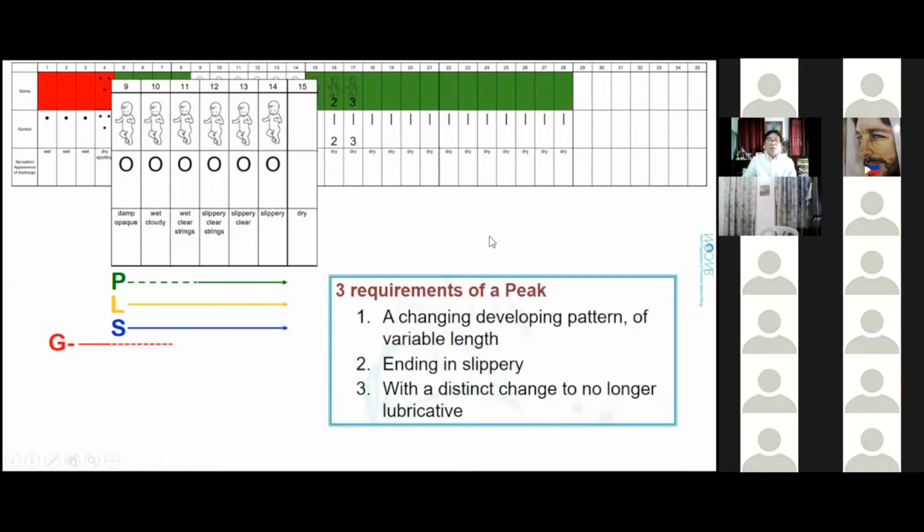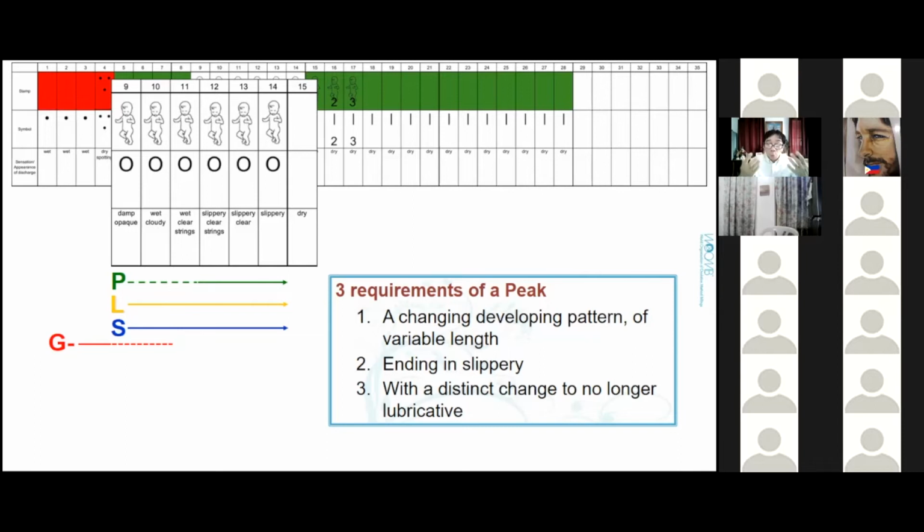3 requirements of a peak day. Okay, look at this, huh? Number 1, changing developing pattern. In order for you to reach the peak day, there should be a changing developing pattern. What is the meaning of that? It means it starts with a cloudy, damp, opaque appearance, with a damp sensation or a sticky sensation.